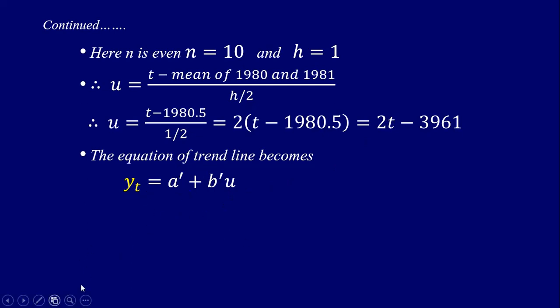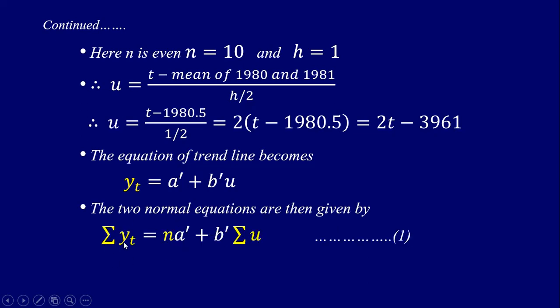Now we have to find the values of a dash and b dash. For that we solve the two normal equations. The first is summation yt is equal to n a dash plus b dash into summation u, and the second is summation u yt is equal to a dash into summation u plus b dash into summation u square.